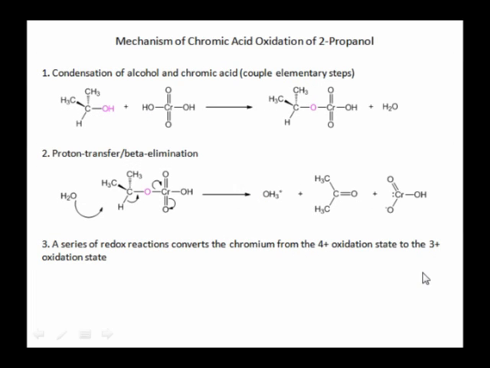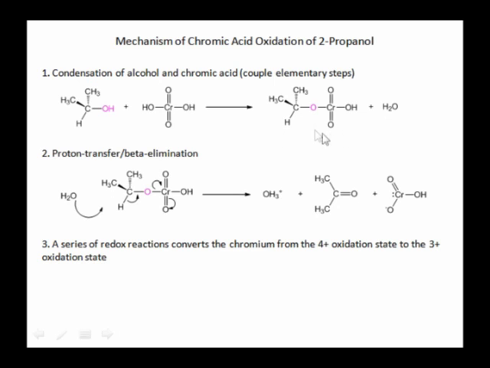A brief overview of the mechanism by which this high valent chromium is able to oxidize an alcohol. If we look at the alcohol and the structure of chromic acid, what we find is that when these are reacted with one another in acidic solution, the oxygen in the alcohol attacks the highly oxidized, very positively charged chromium atom in the chromic acid to form what we call a chromate ester.